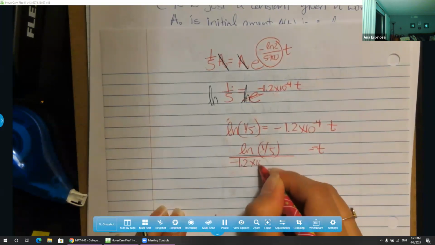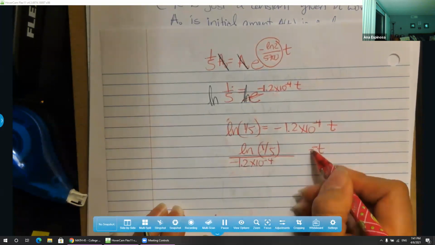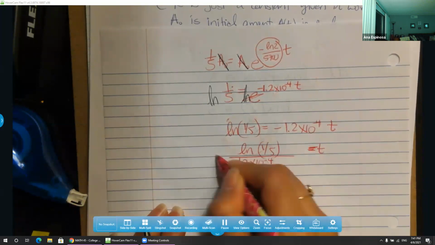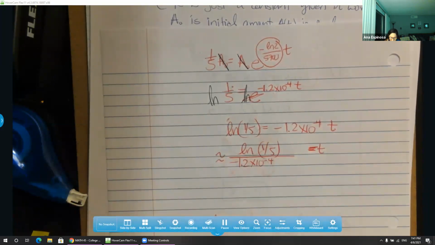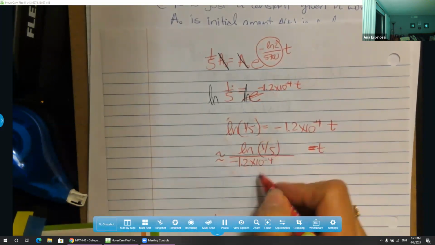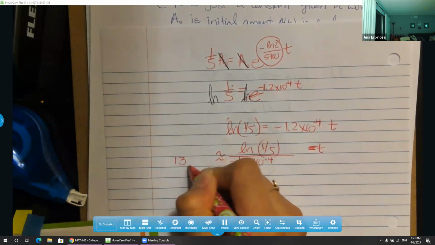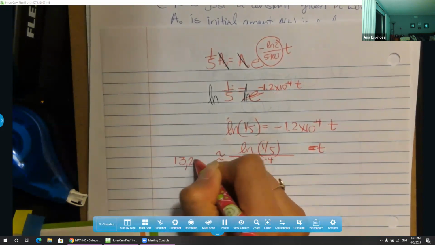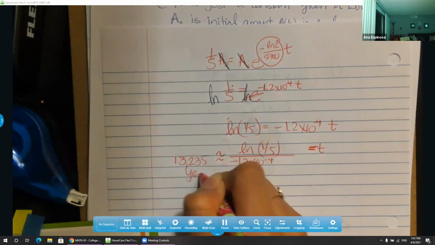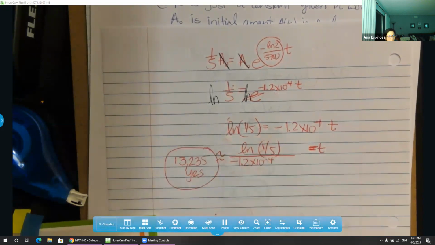There shouldn't be too many word problems on the homework. All right, and that should give approximately 13,235 years when you do all that. Okay.